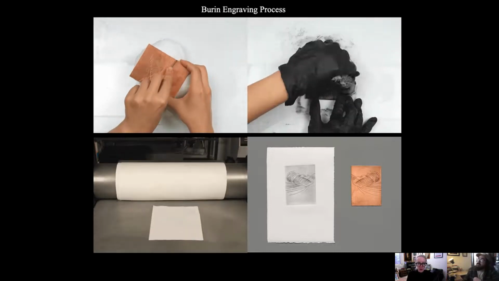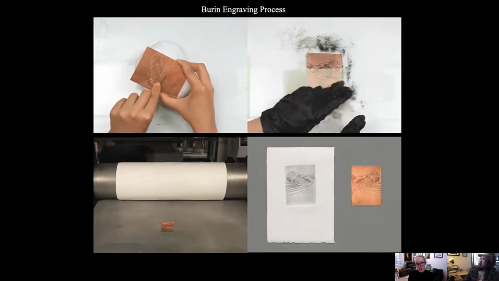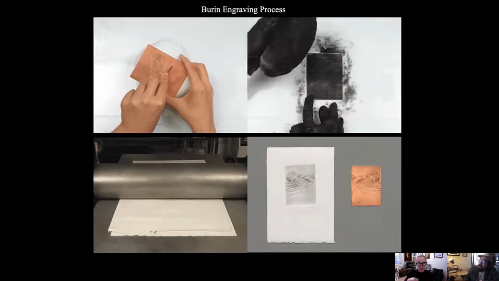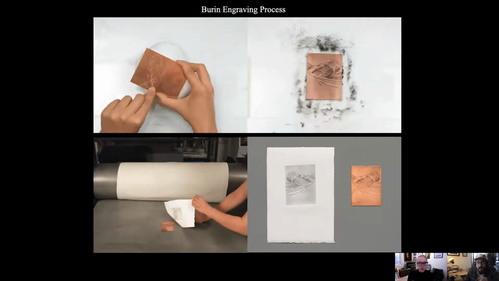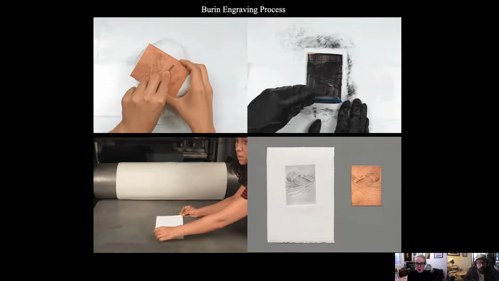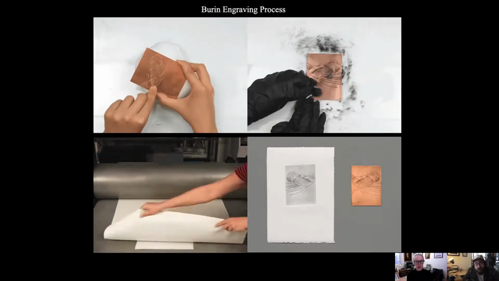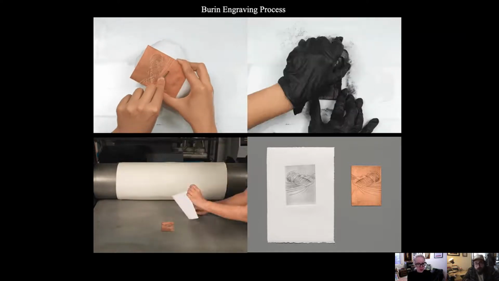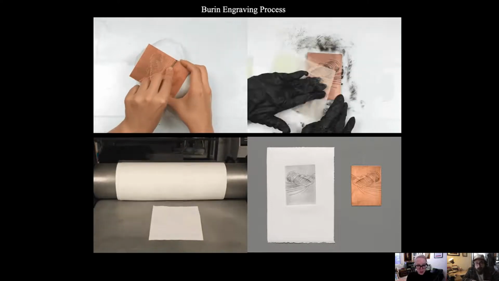So there is again a kind of mechanical aspect that makes it less like drawing, whereas lithography, you are drawing with this kind of wax crayon directly onto the stone. And that's one of the things that people liked about lithography. It is chemically and technically more complicated than engraving, but if you want something to look more like a drawing, it allows for that more than something like engraving does.